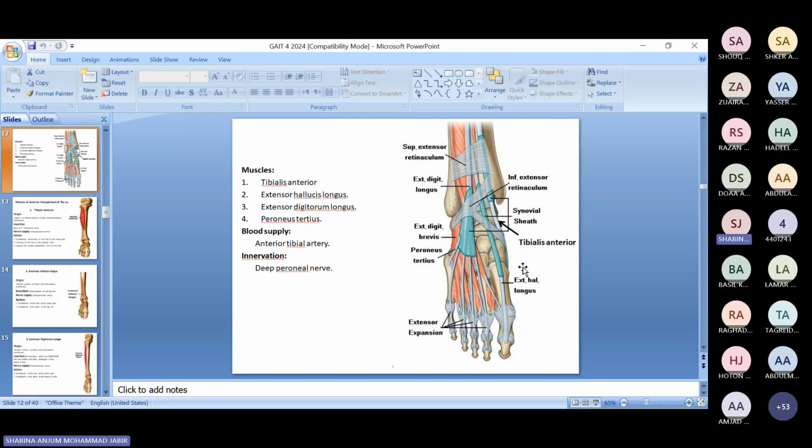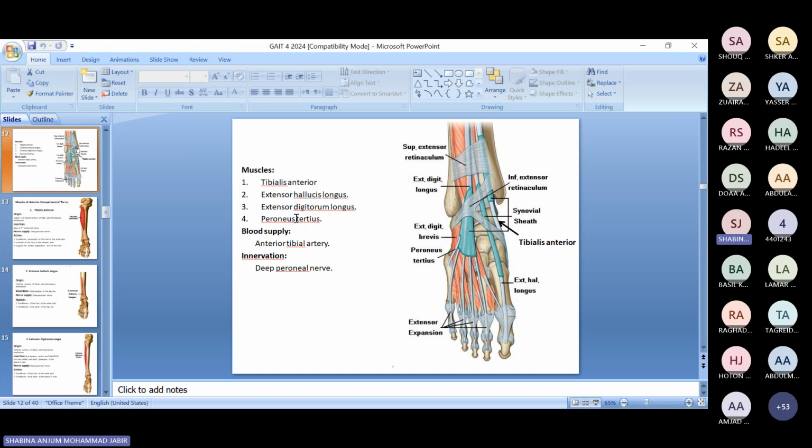Same like the upper limb, where we also have the digitorum which divides into four slips and is inserted over the four digits. Same here also. You can see 1, 2, 3, 4. Then we have the fourth muscle, called peroneus tertius.